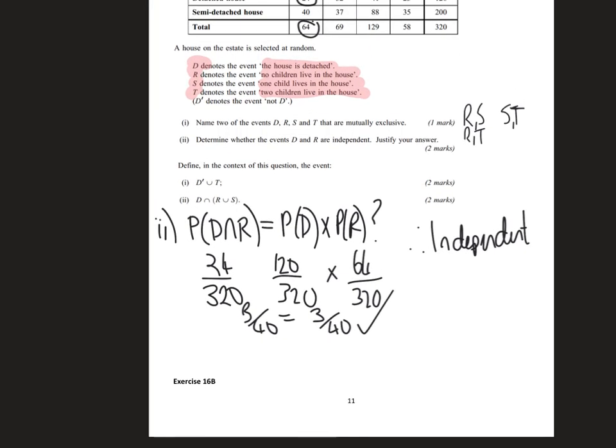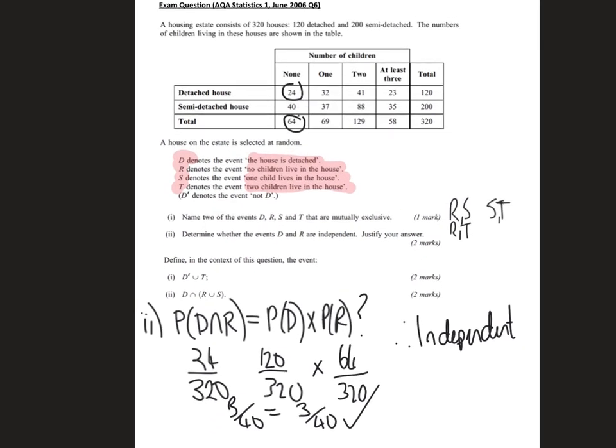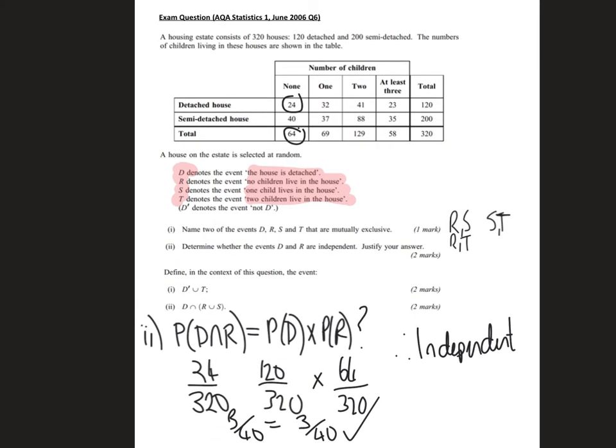Okay, the next bit, define in the context of the question the event D dash or T. So D dash, well, if it's not detached, and this question must be semi-detached, because houses are either detached or semi-detached in this estate. And T means two children live in the house.